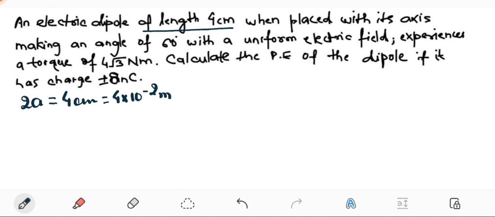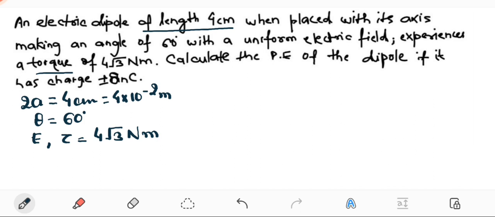So 2a is equal to 4 centimeter as given in the question, which is making the angle theta is equal to 60 degree with the uniform electric field E. It experiences a torque, which has been given as 4 root 3 Newton meter.